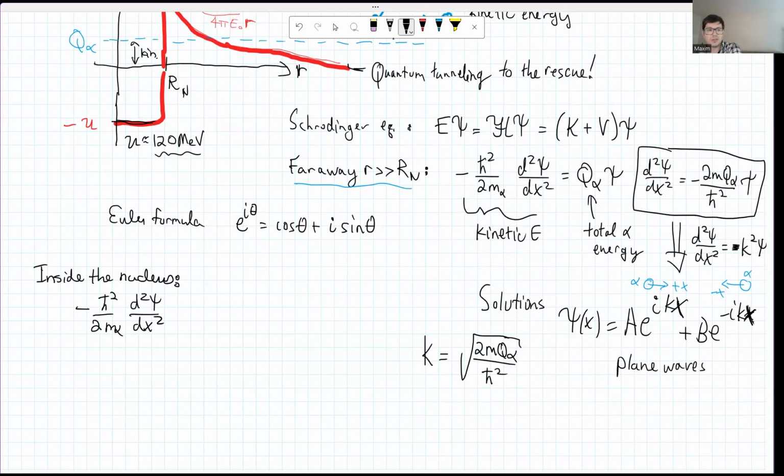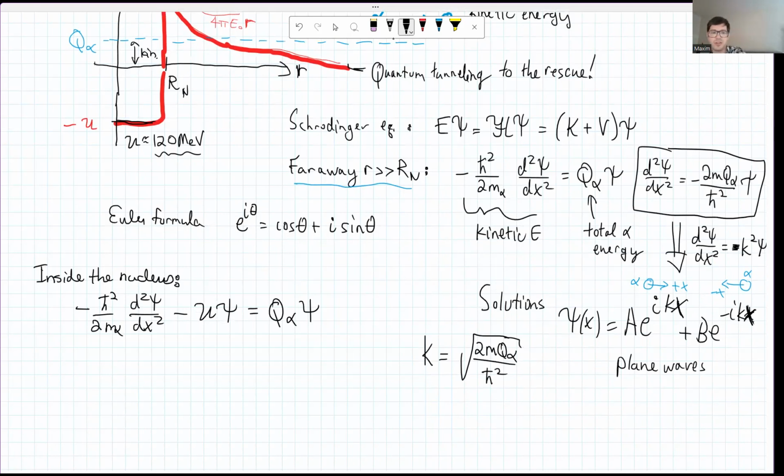You have a minus u for the potential energy, and that has to be equal to the total energy of the alpha particle, which is again just q alpha times psi.